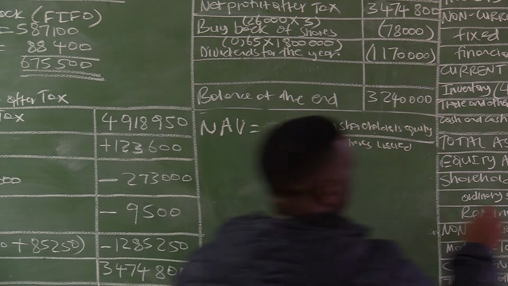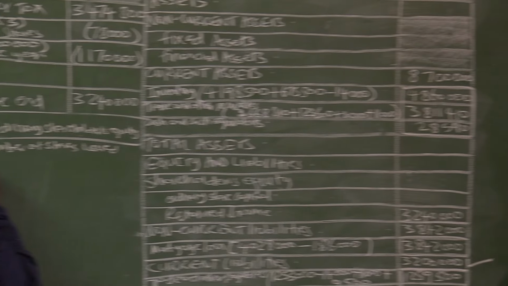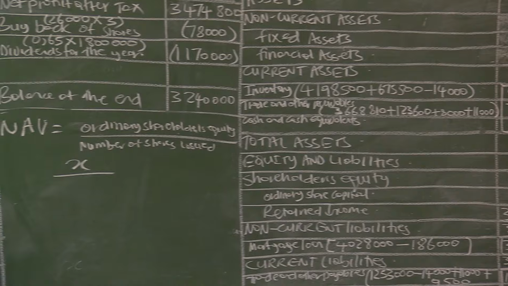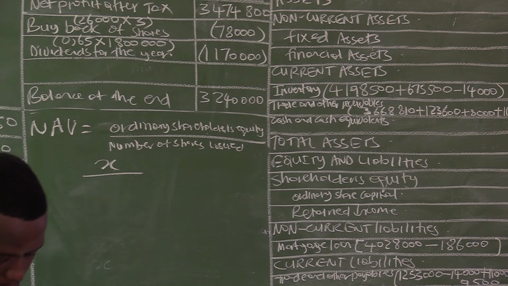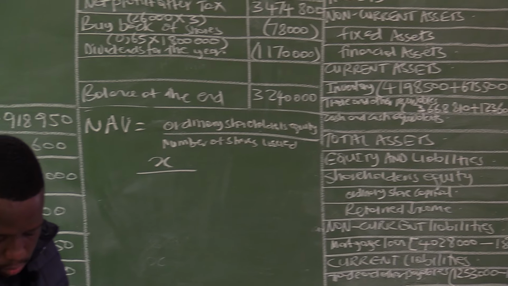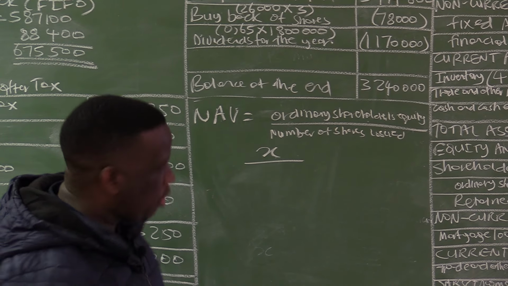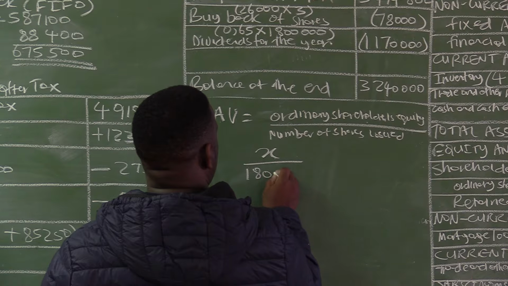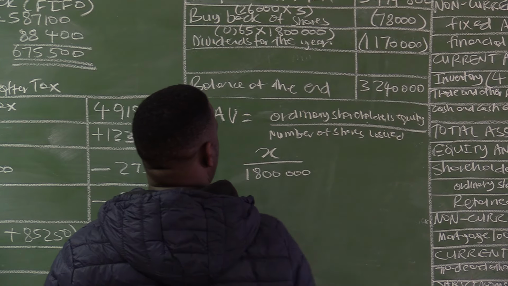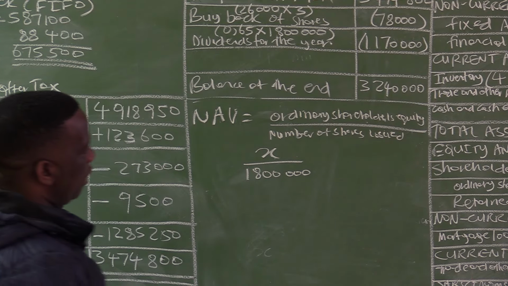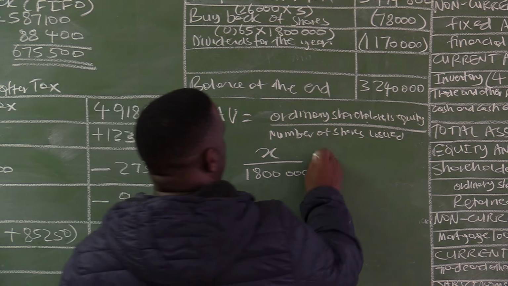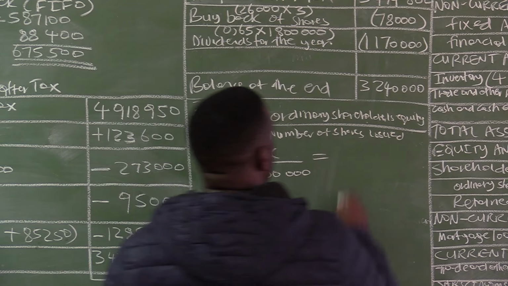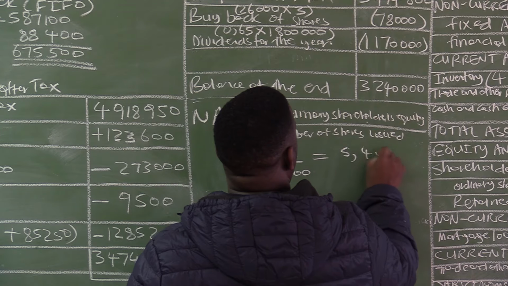Our ordinary shareholders' equity is not given, so it will be X over the number of shares issued. The number of shares issued, which a transaction told us about, is 1,800,000. That's X over 1,800,000, and the answer here is 540 cents.